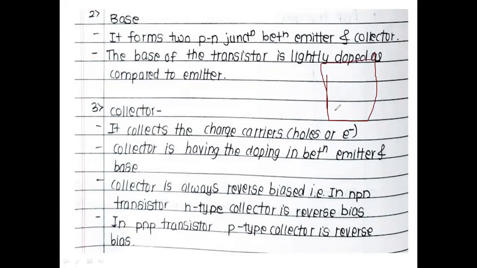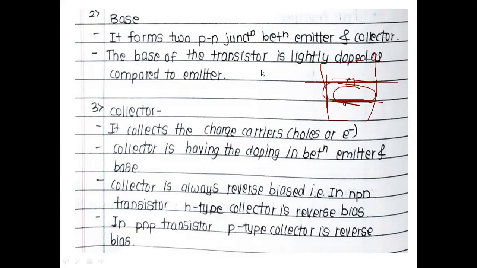If it is one single semiconductor block, there is no junction. So because of this middle layer called the base, two junctions form between emitter and collector.